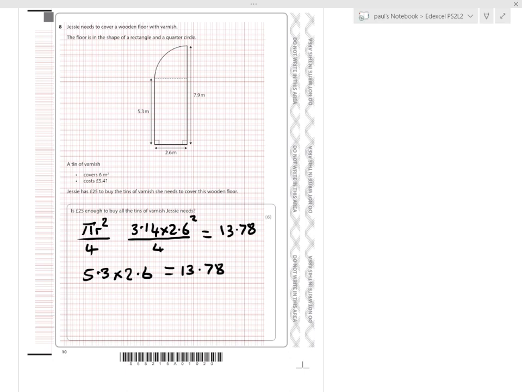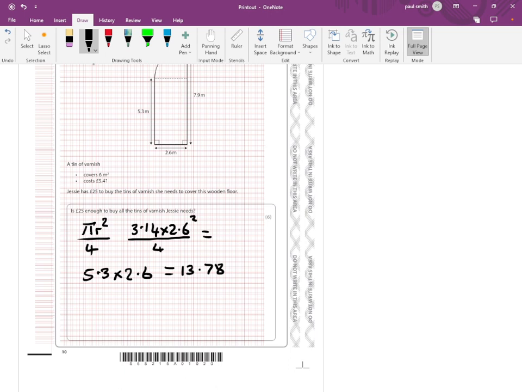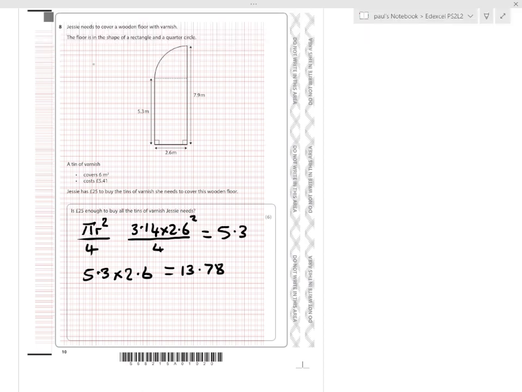That's not the same answer. Let's have a look at this. So 3.14 times 2.6 times 2.6 all equals a load of stuff, and then divide that by 4 equals a load of stuff, and that comes out at 5.3066. Let's just call it 5.3, that'll do, won't it?